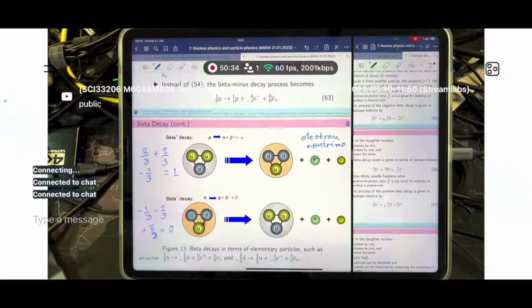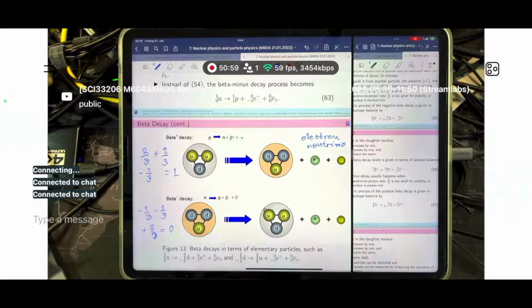Beta minus decay starts from the neutron. Okay, when the nucleus has too many neutrons. In the previous case, the nucleus had too many protons, which turn to be neutrons. But for this type of nucleus, there are too many neutrons. It's neutron rich.